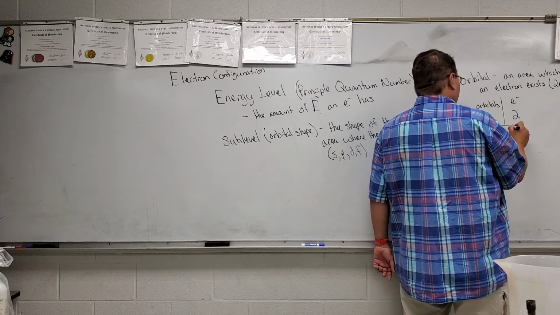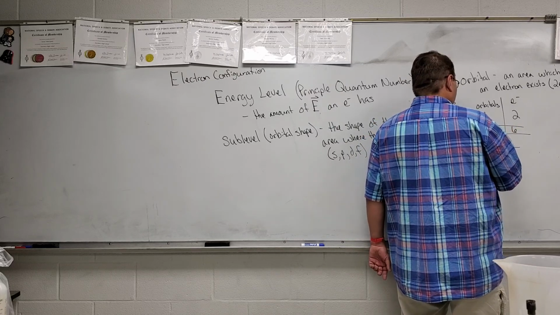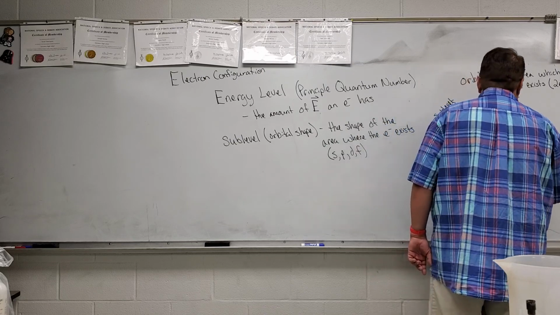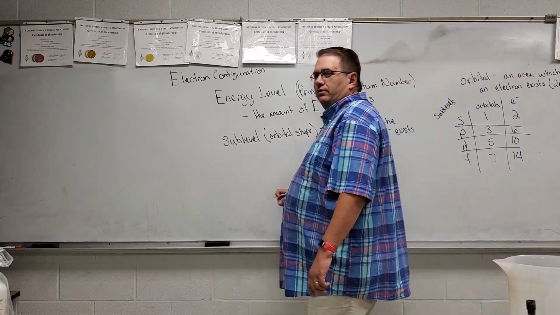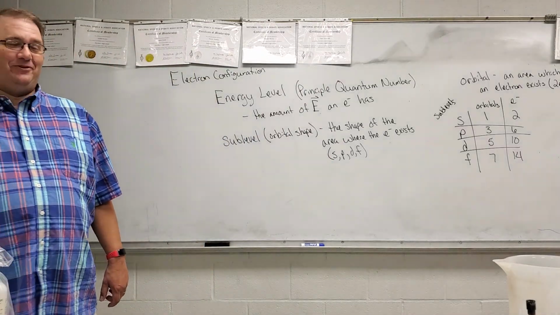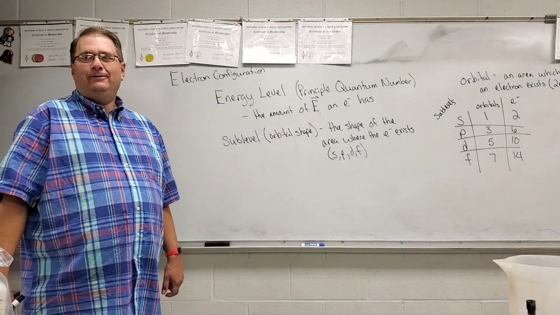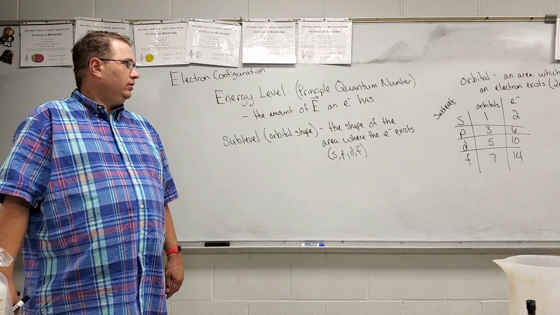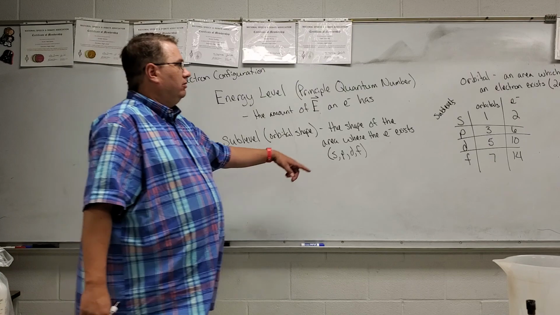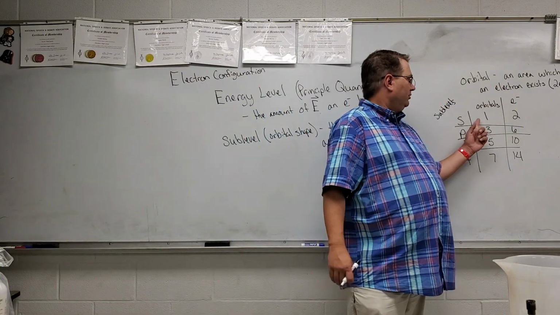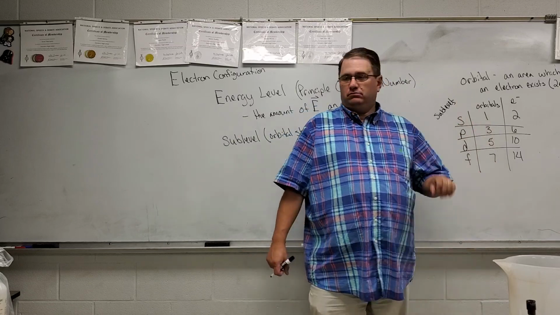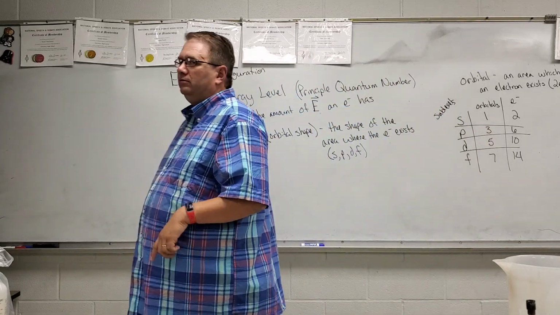P can have 3 orbitals and 6 electrons. D has 5 and 10. F has 7 and 14. This is probably the most important chart in the whole unit, for sure. You can always remember that since each orbital can hold 2 electrons, these just double. If you want to remember one color on that, it should be gold.